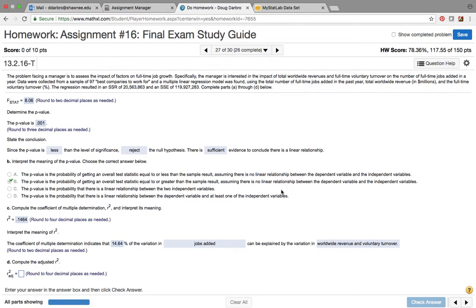The adjusted r squared, I'll have to look that up. I forgot what the formula is on that.